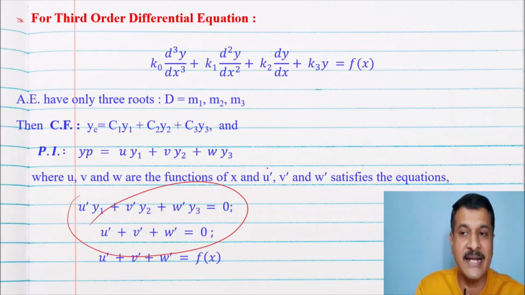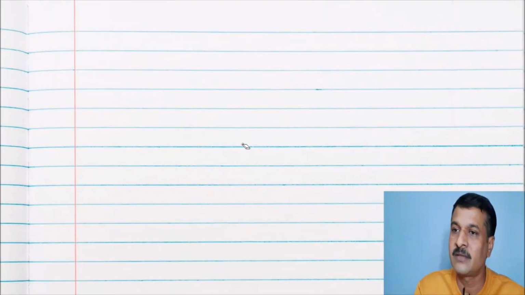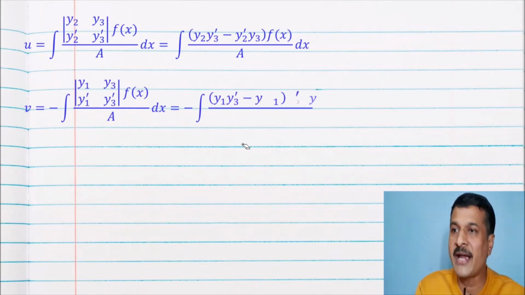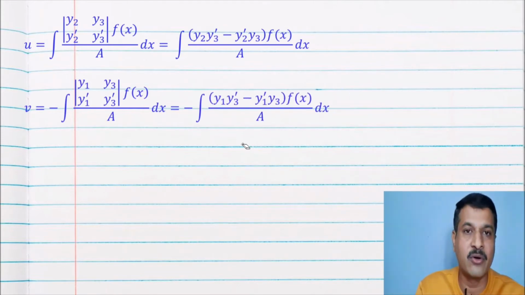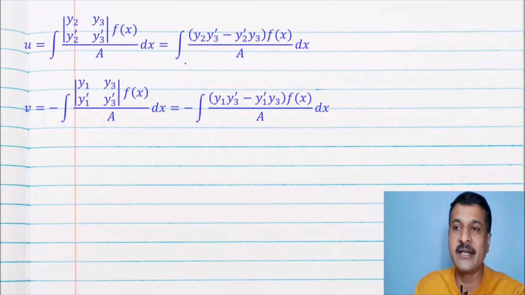Note that u dash, v dash and w dash satisfy these three equations, and directly we can find u, v, w. u equal to integration of the determinant with first row y2 y3 and second row y2 dash y3 dash, into f of x upon A dx. If we simplify this determinant, I get integration of y2 y3 dash minus y2 dash y3 into f of x upon A into dx.